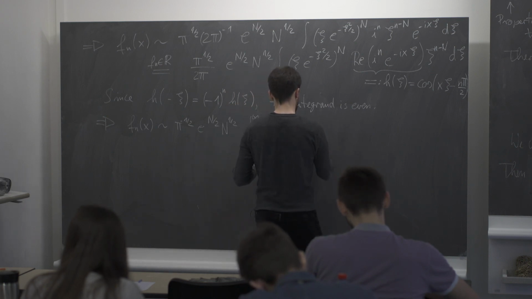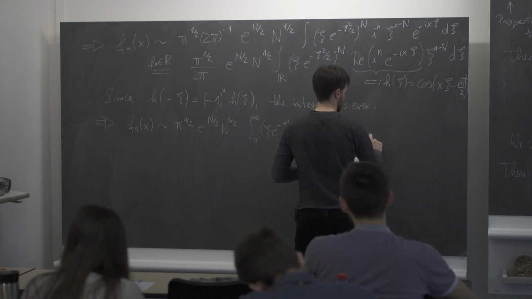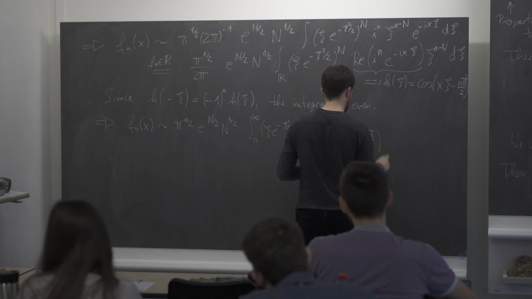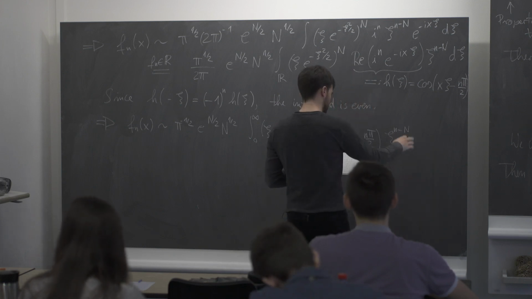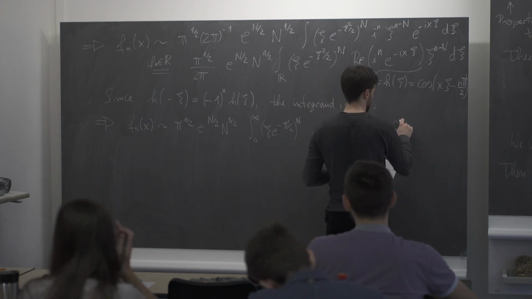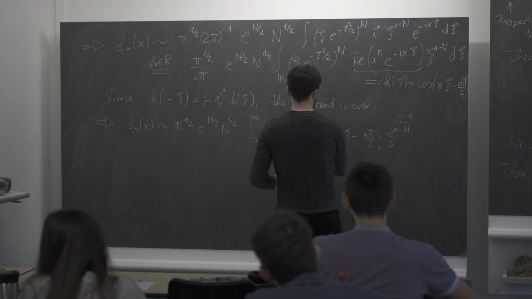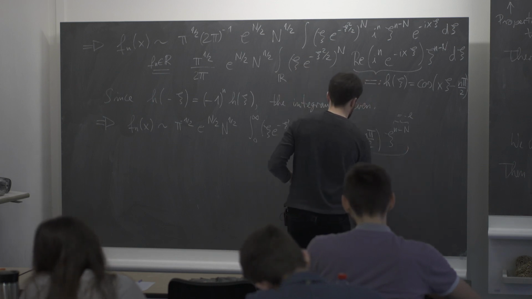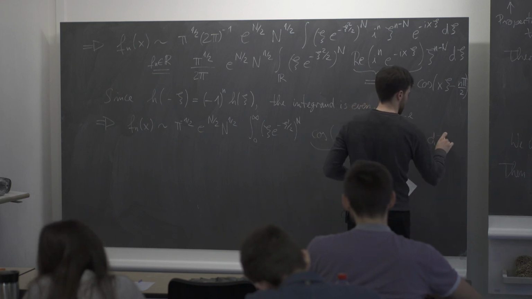And then I have here cosine x xi n pi, xi to the minus n, a little n minus big N. So you see that this is minus L. And this whole guy I want to call g of xi.